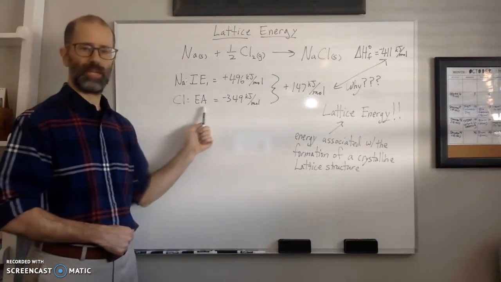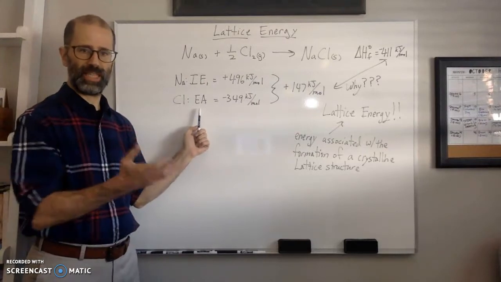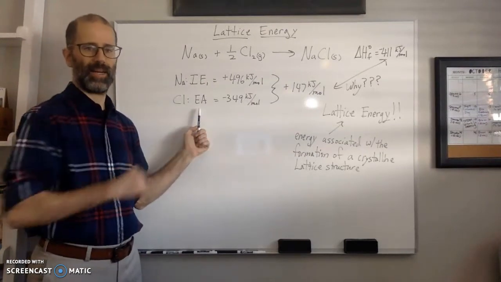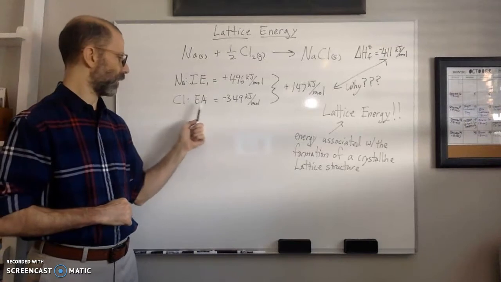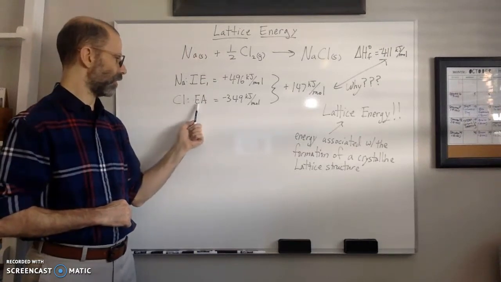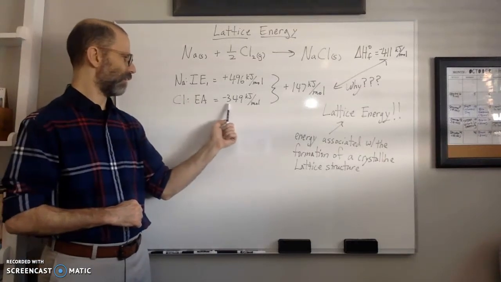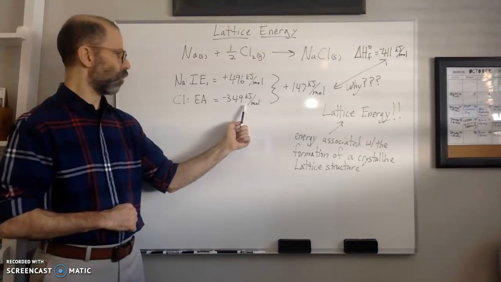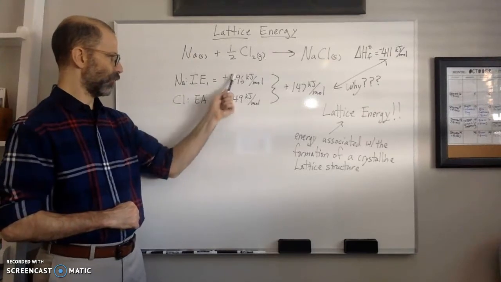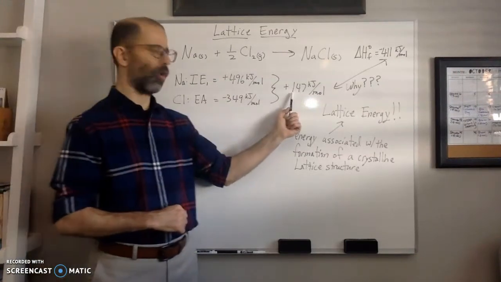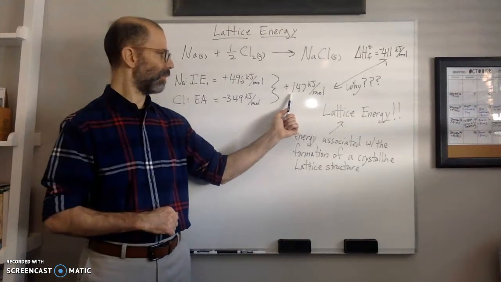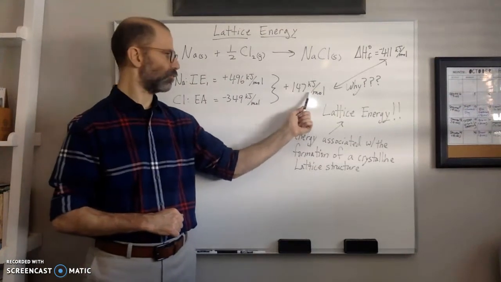And then you have the electron affinity, which is the energy released when you add an electron to chlorine. And the electron affinity for chlorine is negative 349. So if you're doing electron transfer, you add these together and the overall result is positive 147 kilojoules per mole.